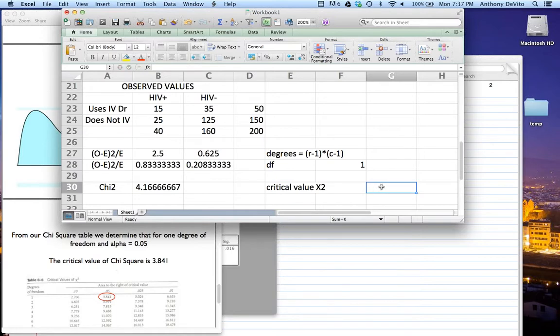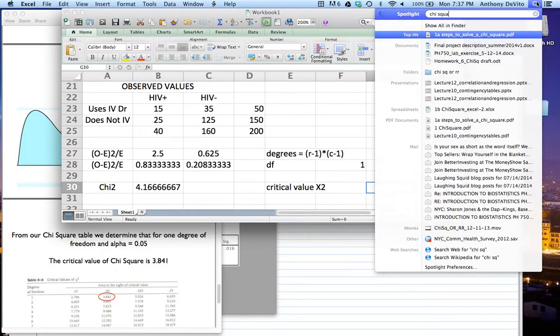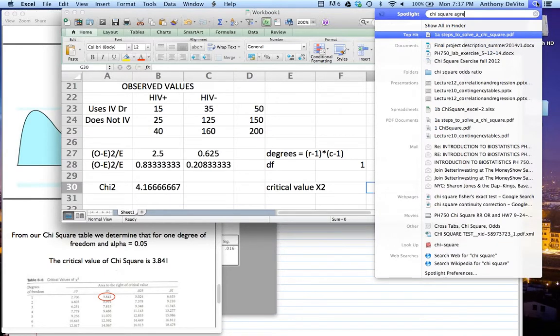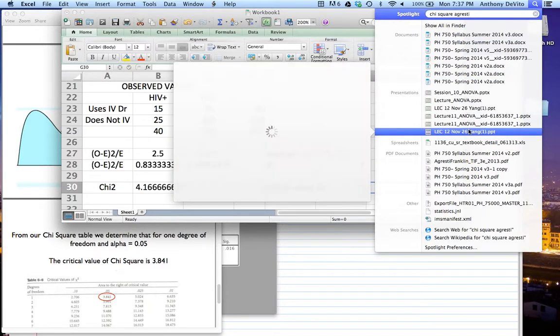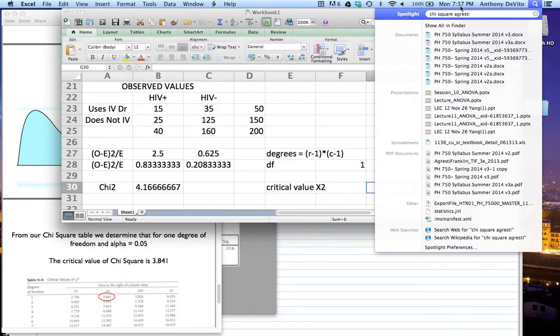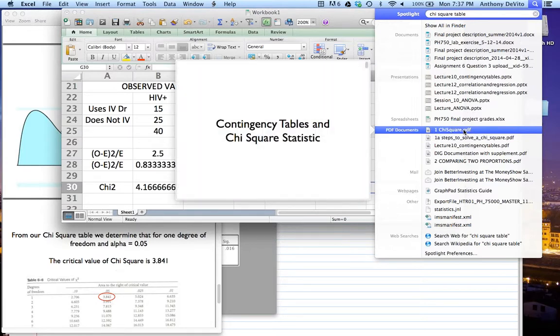I'll draw it that way. Okay, so naturally, I need a table for that. And in the back of your book, and I'm sure I have it on Blackboard. Let me see if I can find it. Chi-square table. Here we go. I think that's it. Nope, that's not it.